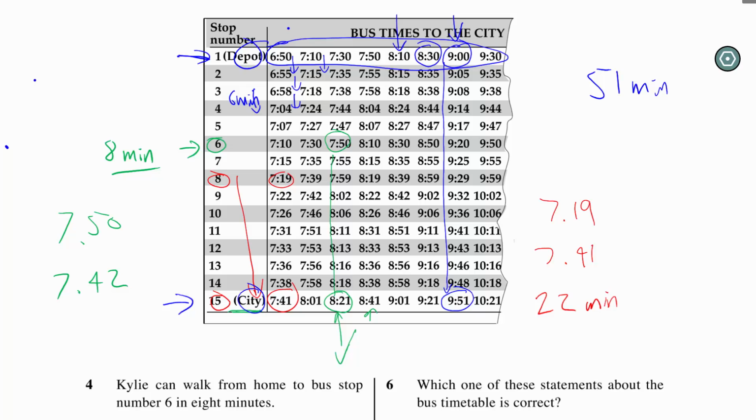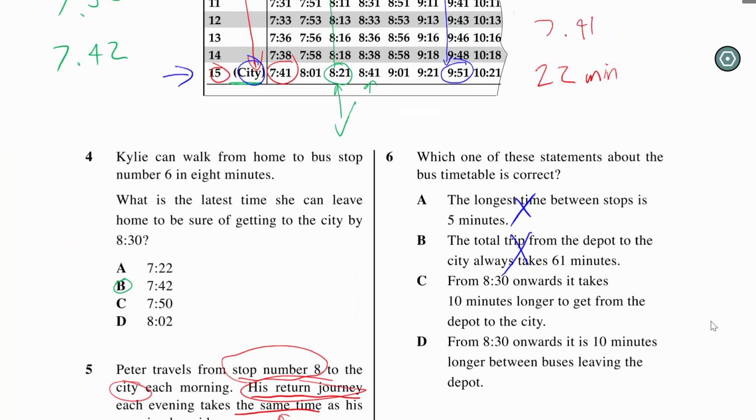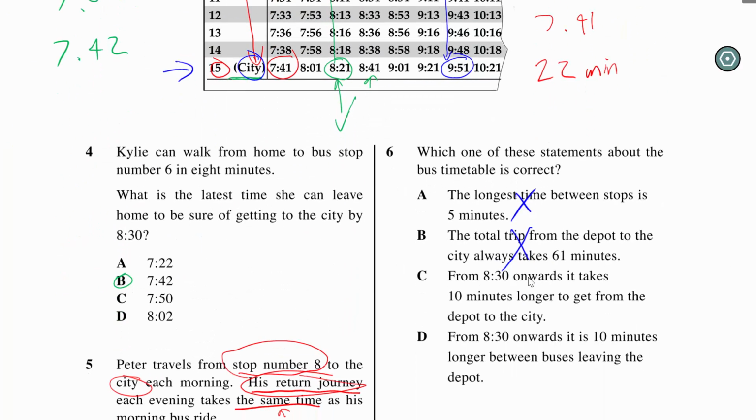So if we look at the depot at 9 o'clock, we can see that it takes 51 minutes. So according to the question, from 8:30 onwards, it takes 10 minutes longer to get from the depot to the city.